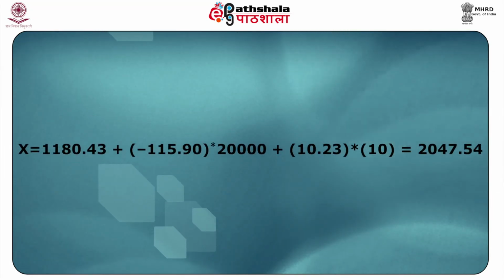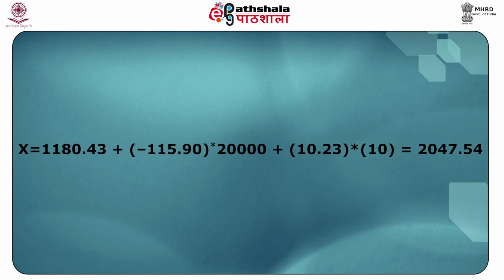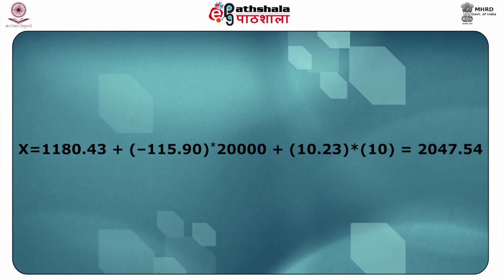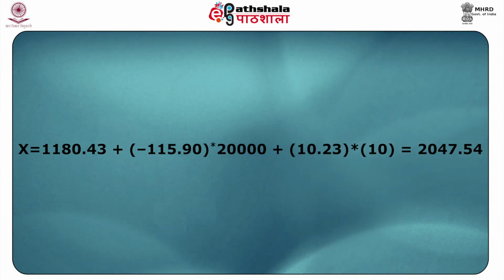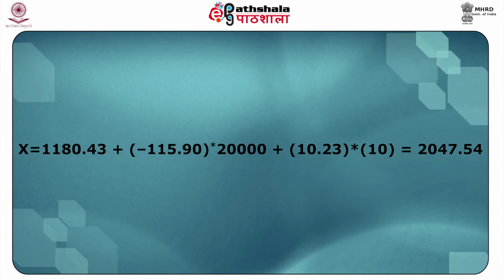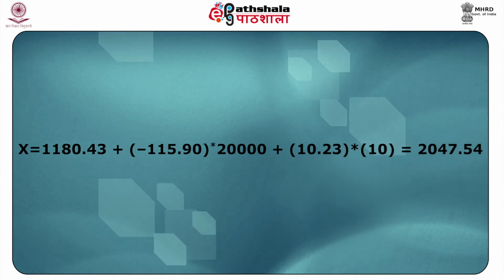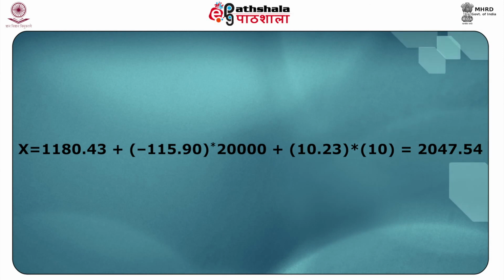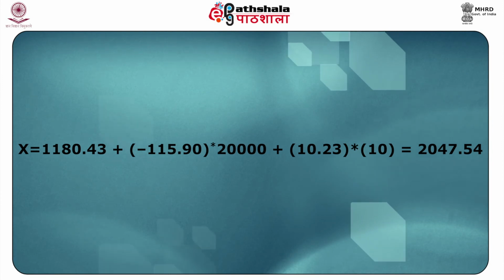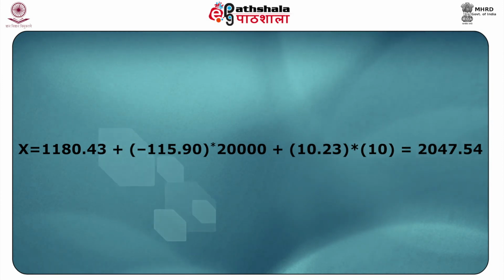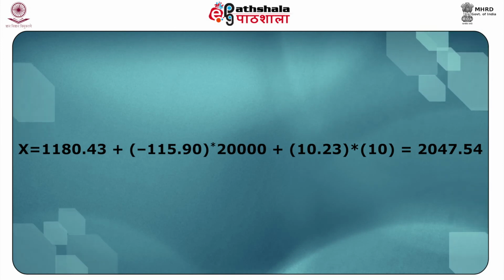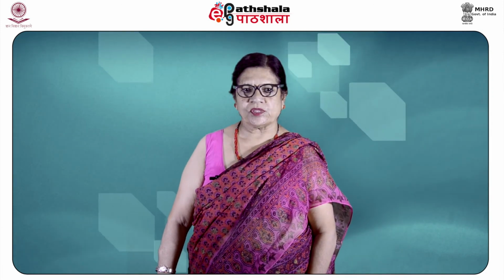At this point, the value of X comes out to be X is equal to 1180.43 plus within bracket minus 115.09 into 9 plus 0.09 into 20,000 plus 10.23 into 10 is equal to 2047.54.